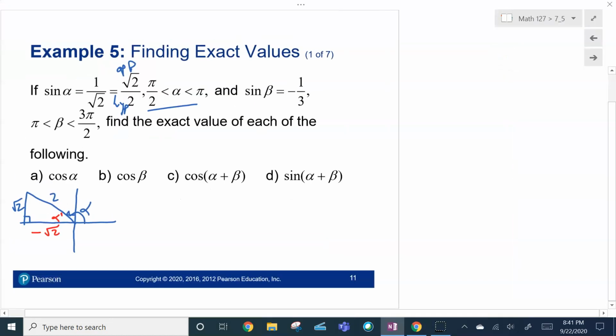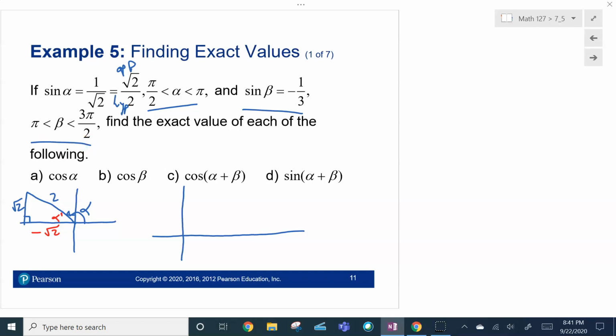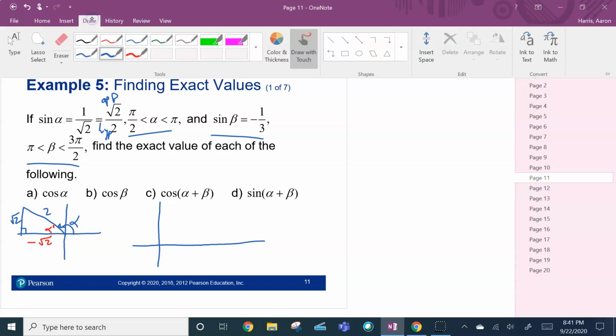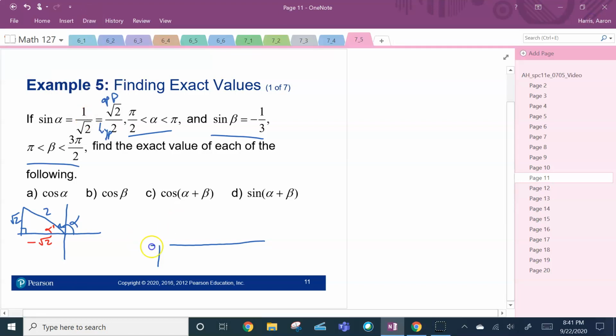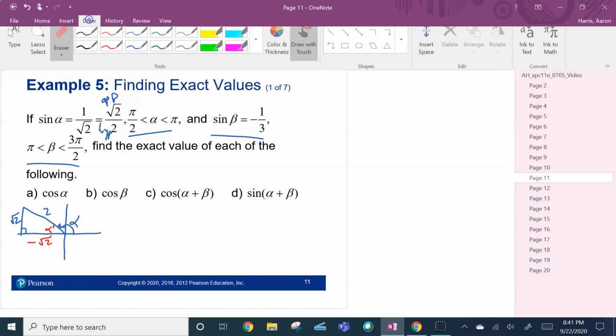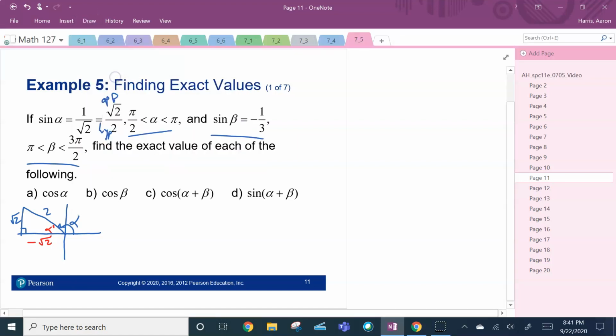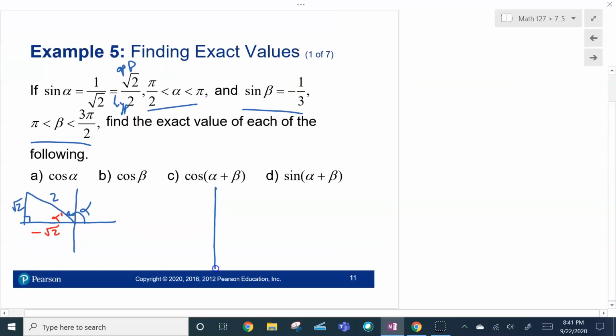Now we're going to use this information: sine of beta is negative a third, and beta is greater than pi but less than 3 pi half. So this goes into quadrant 3. Here's our beta, and there's our reference angle, beta prime.